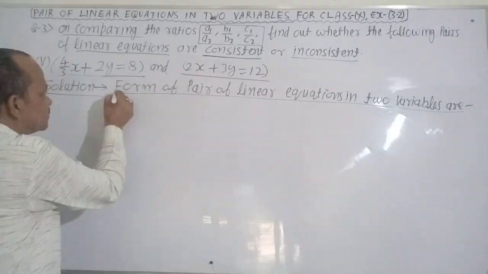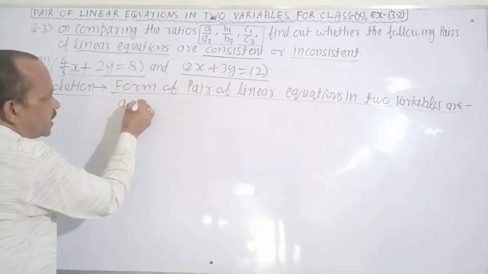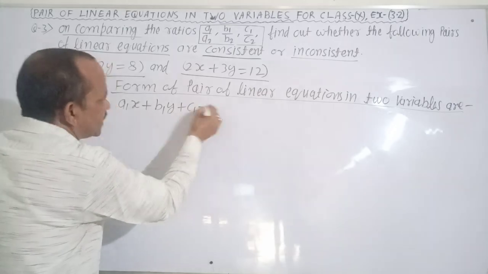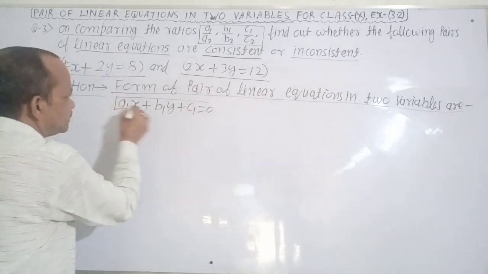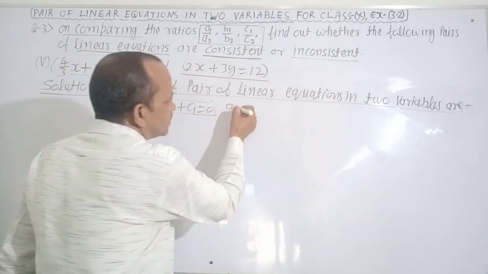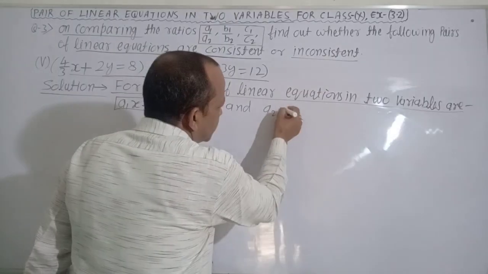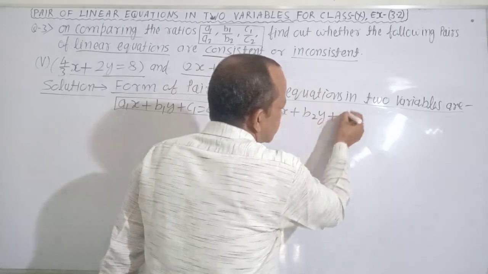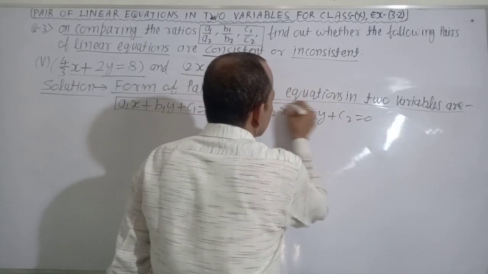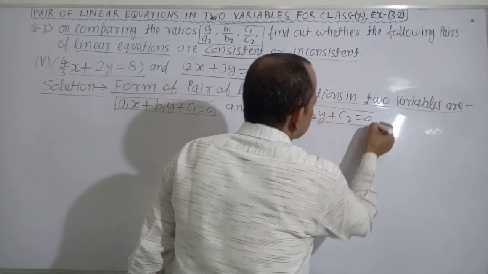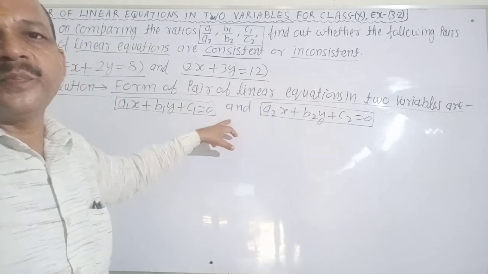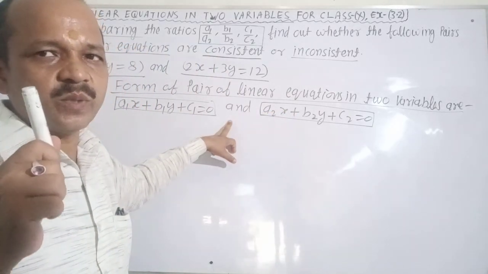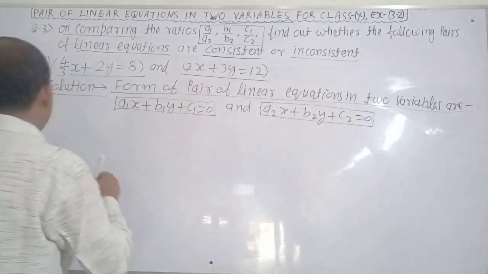The form of a pair of linear equations in two variables is a1x plus b1y plus c1 equal to 0 and a2x plus b2y plus c2 equal to 0. It is the form of a pair of linear equations in two variables. It is clear? No confusion about it? Very good.